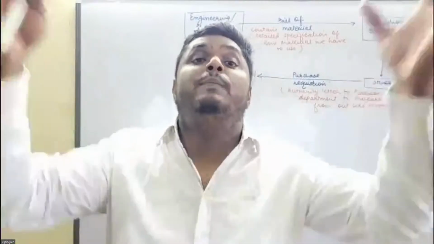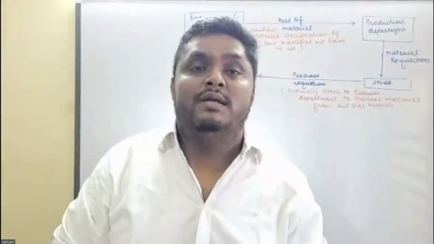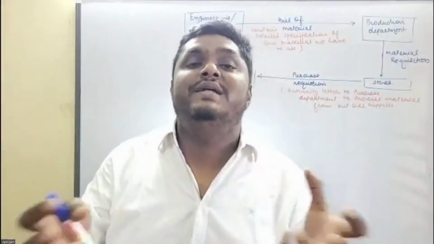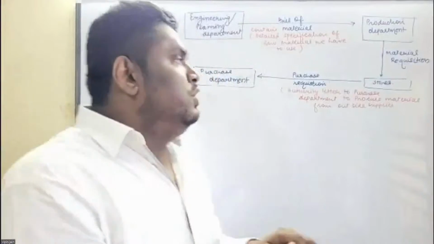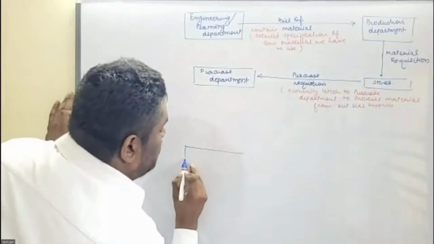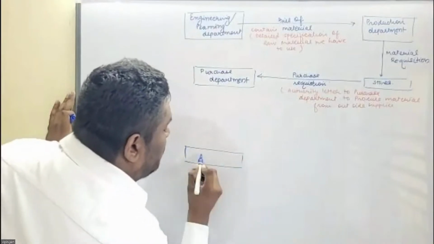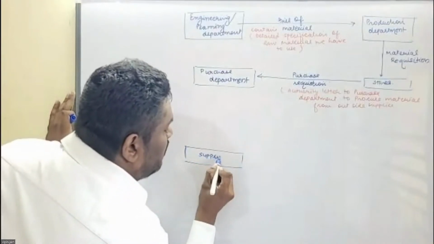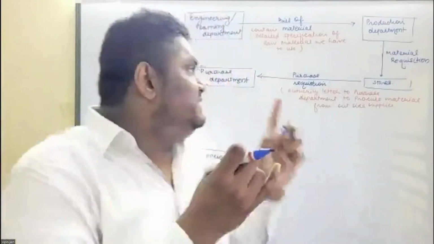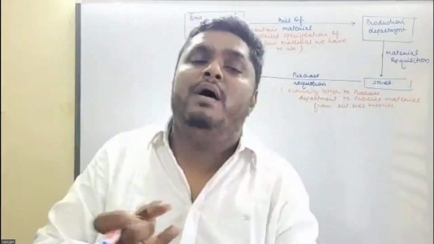They will approach the outside suppliers. Who all suppliers are available in the market that can provide us the desired raw material. So they approach the suppliers. Now how do they approach the supplier?